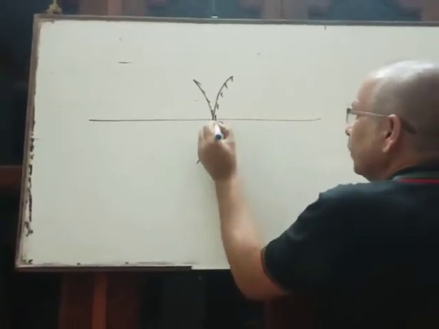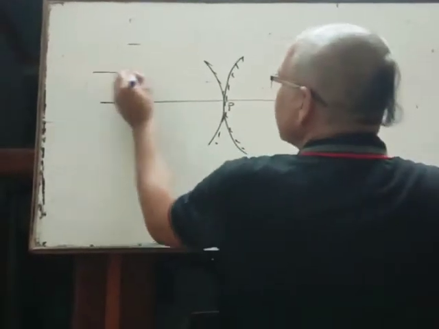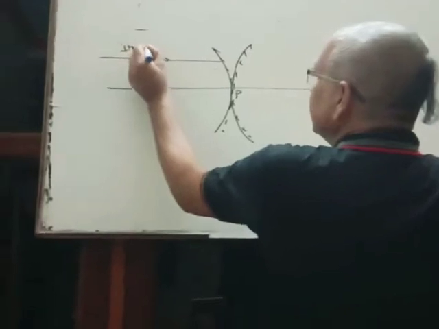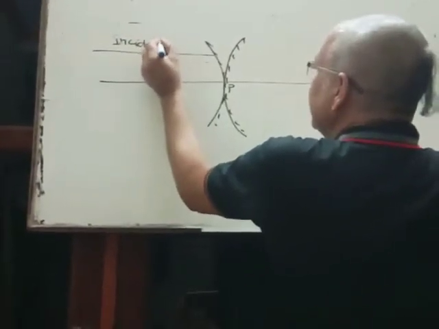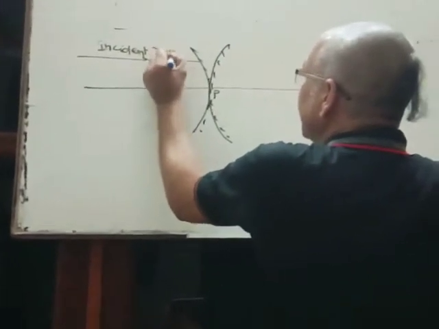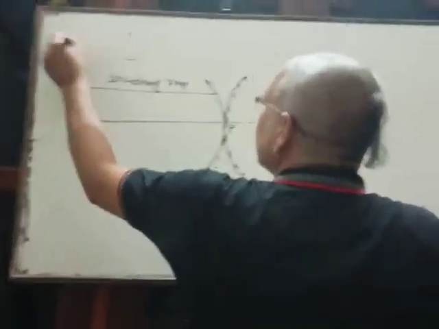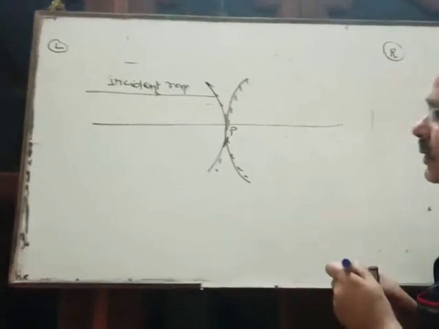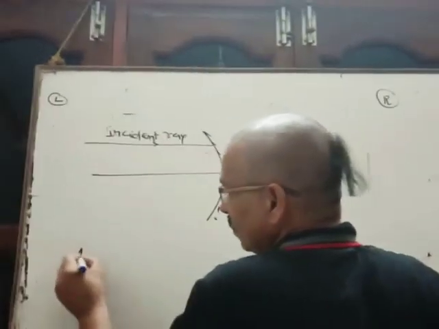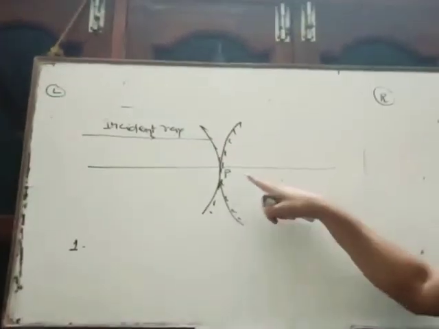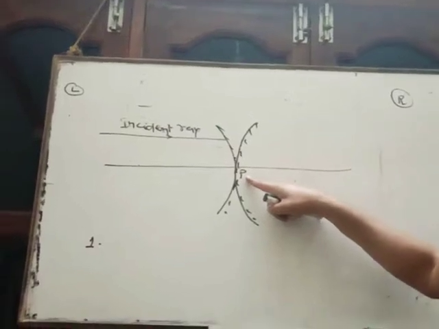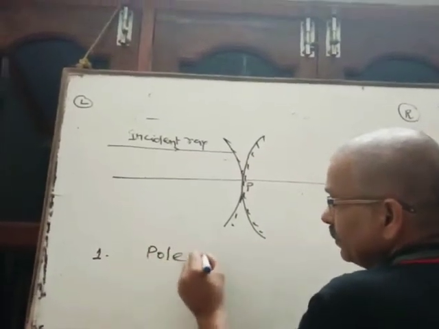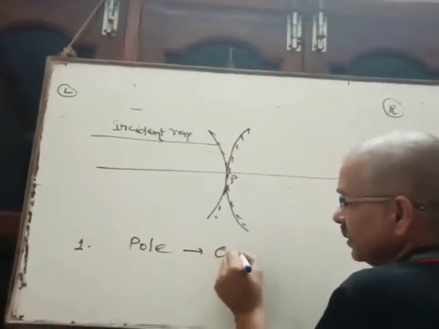It is a common pole, and this is a common incident ray. See here, this incident ray, according to this diagram, is moving from left to right. It is the pole. So, first point, all the distances are measured from the pole of the mirror. That's why the pole is supposed as the origin.